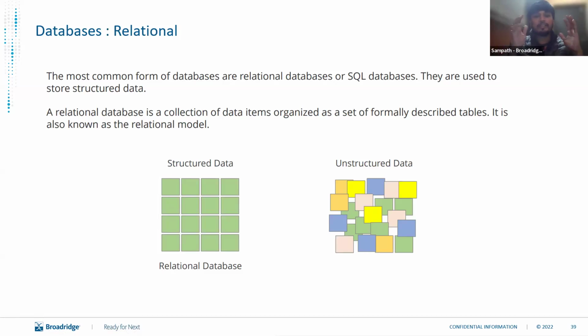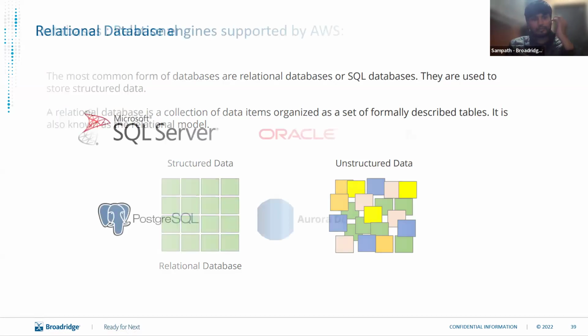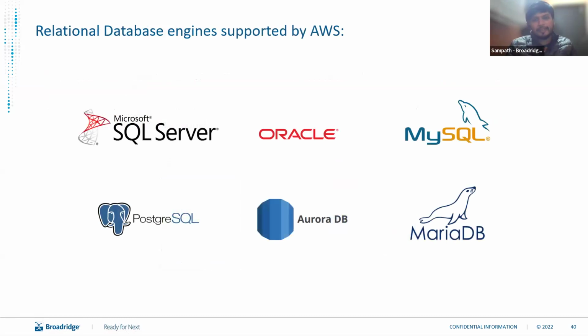So that is a structured database, when compared to an unstructured one. Structured database examples: Microsoft SQL Server is there. Oracle has its own, and MySQL, a free community edition database engine. PostgreSQL is there. Aurora is coming from Amazon itself, and we have MariaDB as well.